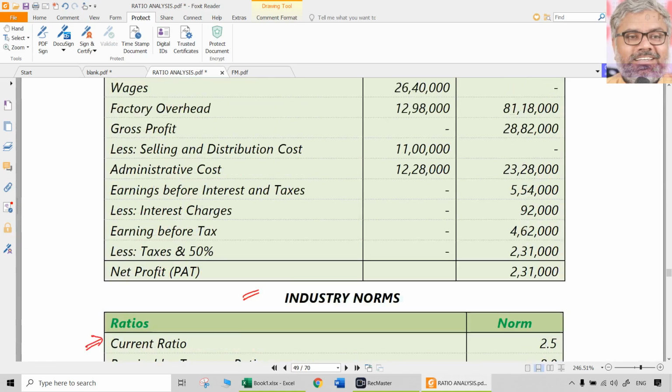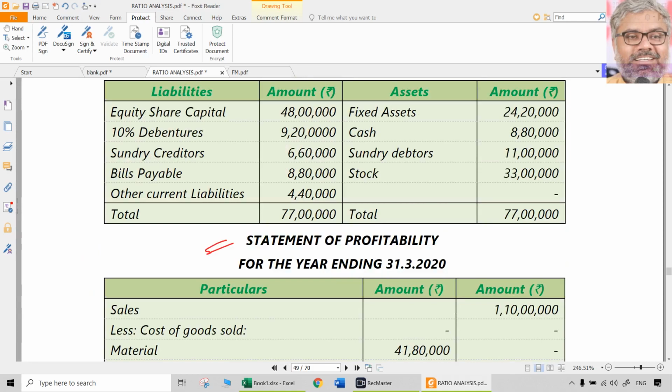Current ratio. We have to look at the balance sheet. Current assets divided by current liabilities. So what is the total of these 3 things? Total of those 3 things will be 52 lakhs 80,000, divided by current liabilities.